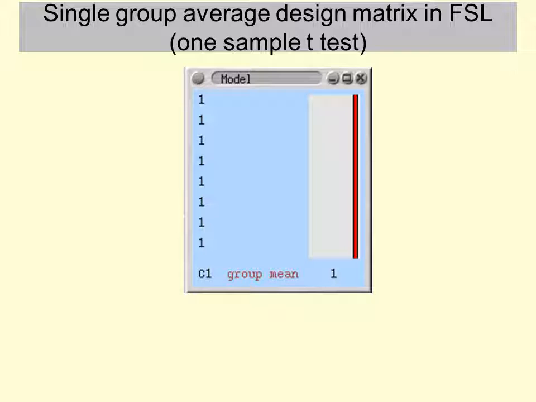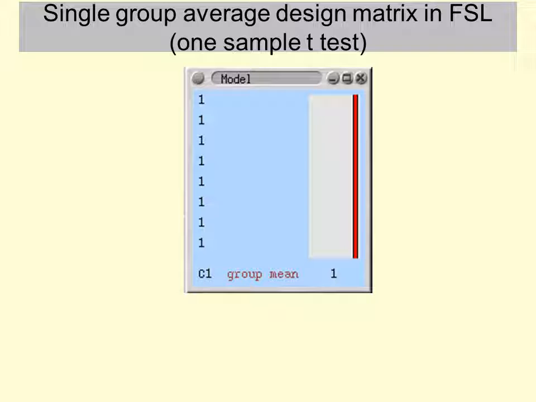Basically for the case where you've got a group of participants who've all done exactly the same thing in the scanner. So let's say they've all done the same auditory and visual experiment, and you just want to find out where on average across the participants there is activation for visual, and where on average there's activation for the auditory stimulus, and also where on average there is differences in activation levels between those two types of stimuli.